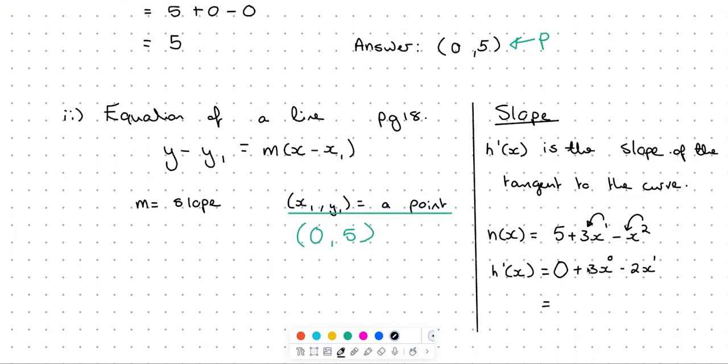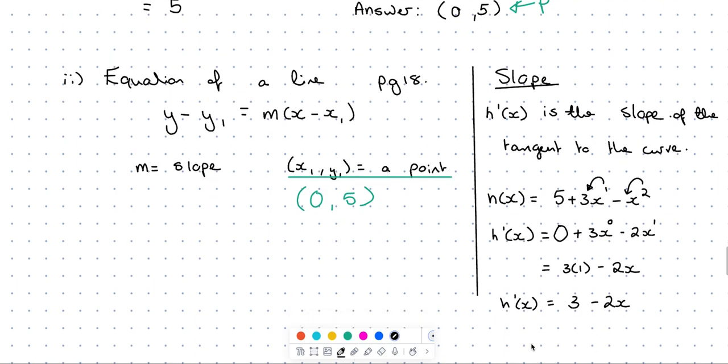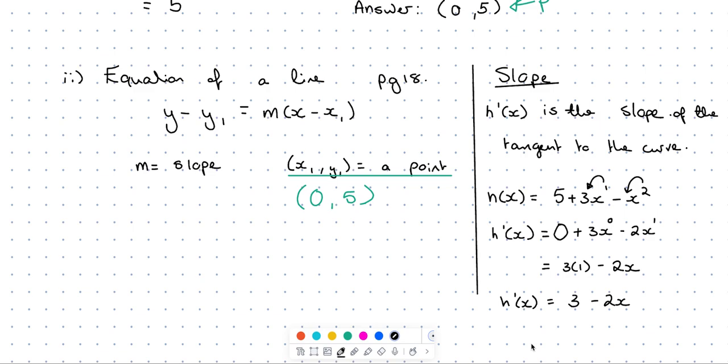We don't have to write it. I didn't have to write it there. I was just showing you what happens to the 5. In this case, please remember, you should know off by heart, x to the power of 0 is 1. So I'm going to replace that with 1, and then I'm going to have minus 2x. So then we have 3 multiplied by 1 is 3, take away 2x. That is the derivative, and that gives us the slope of the tangent to the curve.